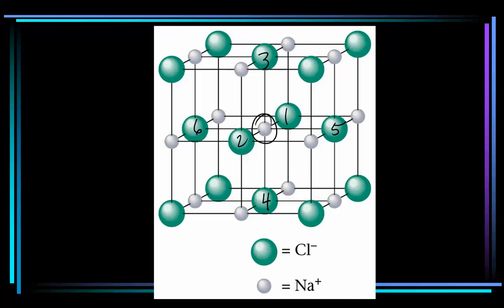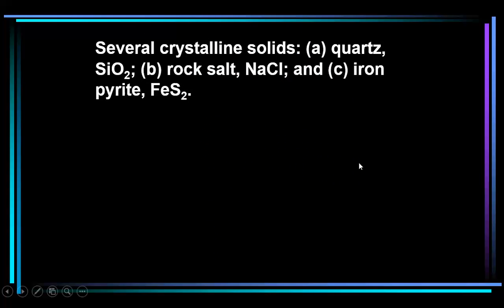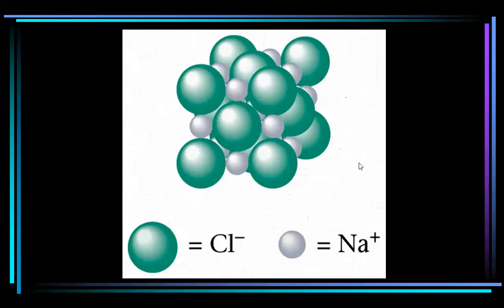That's for every chlorine, you also have 6. 1, 2, 3, 4, 5, and you can't see that, but there's 1 behind it, 6. Yeah, so when we're talking about ionic compounds, we're talking about so many things that it's best just to make it the lowest whole number ratio.